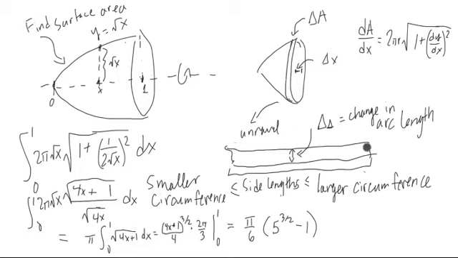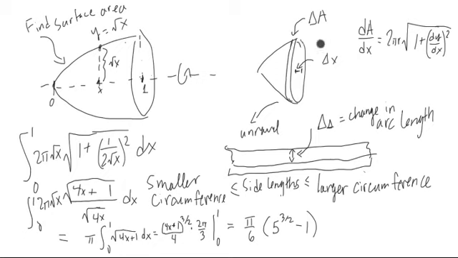But one thing we know for sure is that the side lengths are in between what the smaller circumference is versus the larger circumference, the larger circumference over here and the smaller circumference over here, along the edges of the strip.